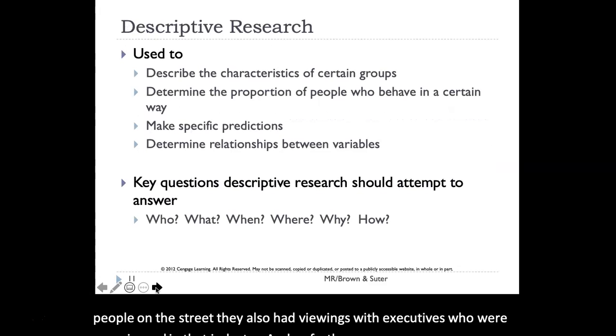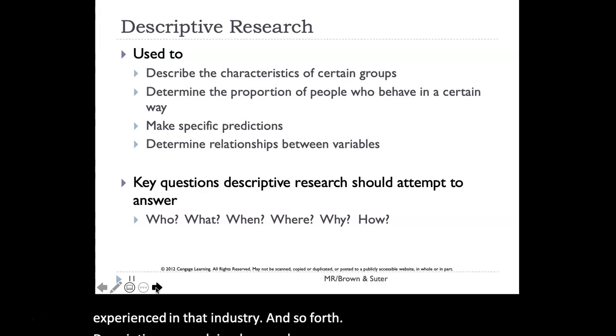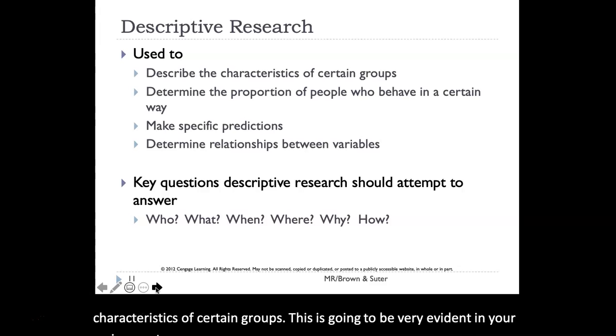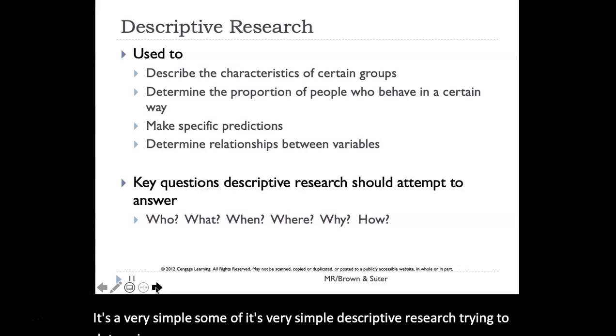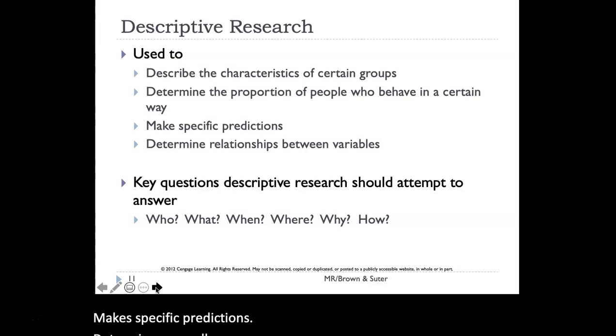Descriptive research is where we're just trying to describe the characteristics of certain groups. This is going to be very evident in your assignment. It's a very simple assignment, but it's very simple descriptive research, trying to determine the proportion of people who behave in a certain way, make specific predictions, determine a relationship between variables.